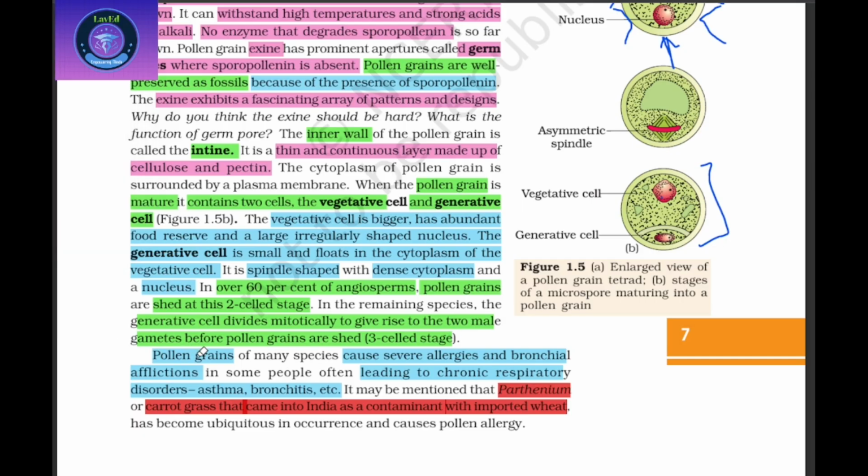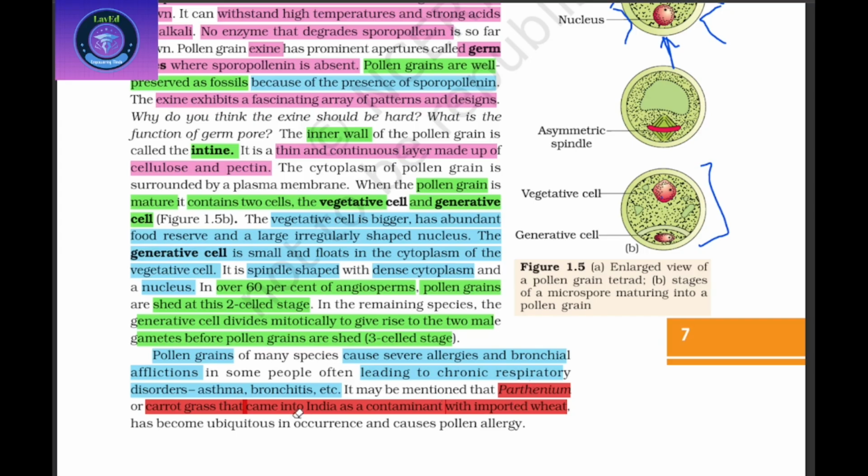Next, what is the point? Pollen grains cause, basically, the effect of pollen grain on humankind. Earlier we talked about the structure of the pollen grain. Now the topic heading will be the impact of pollen grain on humankind. Pollen grains cause allergies and bronchial afflictions that lead to chronic respiratory disorders like asthma, bronchitis, etc. It may be mentioned that Parthenium or carrot grass came into India as a contaminant with imported wheat.